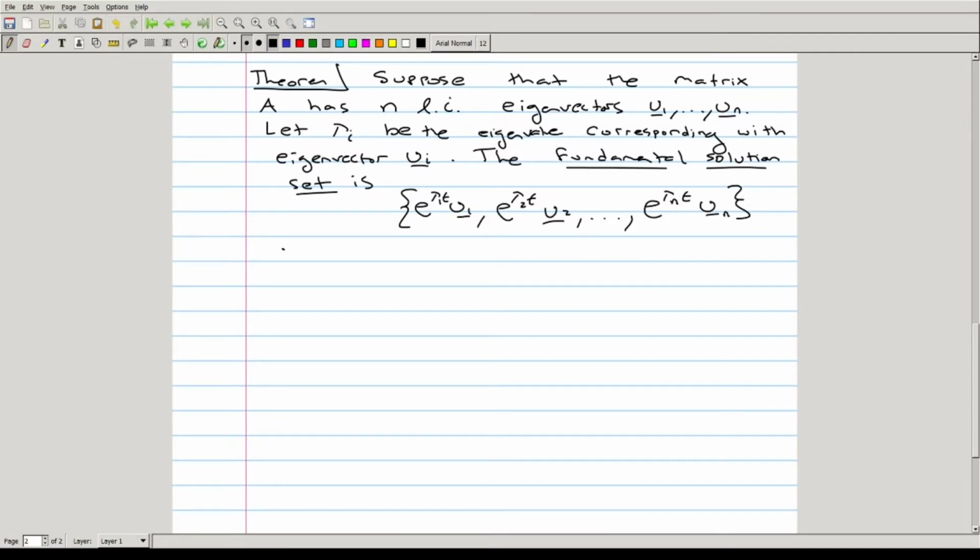And so the fundamental solution matrix is the matrix formed by taking each one of these fundamental solutions as a column of the matrix.